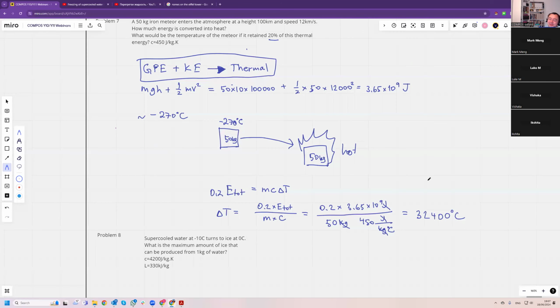So the final temperature would be about 32,000. Of course, it loses much more energy. I didn't have time to look up the maximum temperature of a meteor. I'm assuming 5,000-6,000 degrees, the top temperature for a meteor as it hits the atmosphere. But you can look that up. 32,000, is that a realistic number?